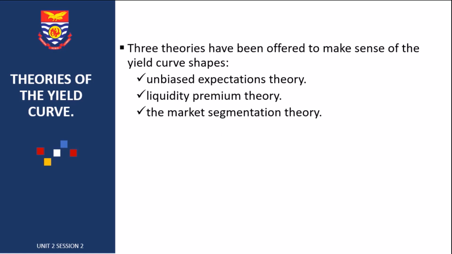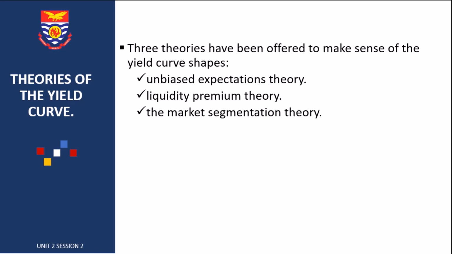And we also want to look at some theories guiding the yield curve. Basically there are 3 theories that support the yield curve. The first one is the unbiased expectation theory, then the liquidity premium theory, and the market segmentation theory. The unbiased expectation theory says that the shape of the yield curve reflects future expectations about interest rates.